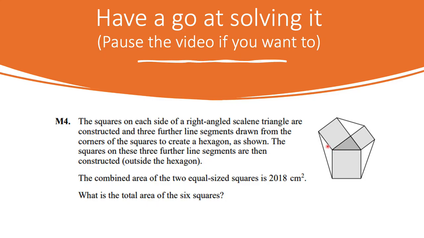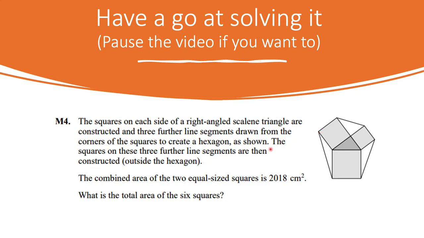The squares on each side of a right angle scalene triangle are constructed, and 3 further line segments are drawn from the corners of the squares to create a hexagon as shown. The squares on these 3 further line segments are then constructed.